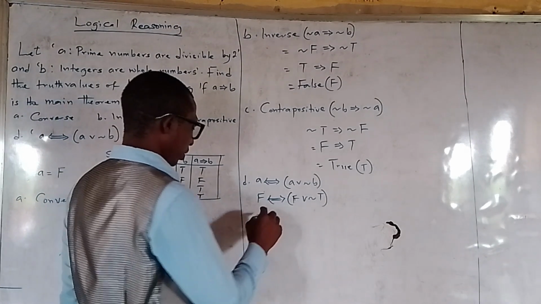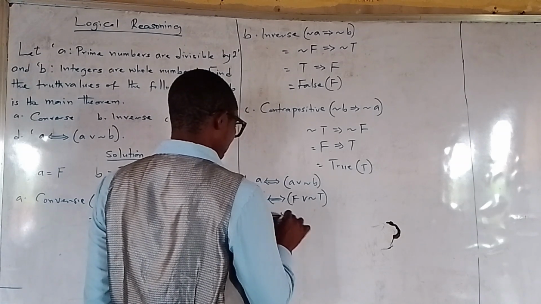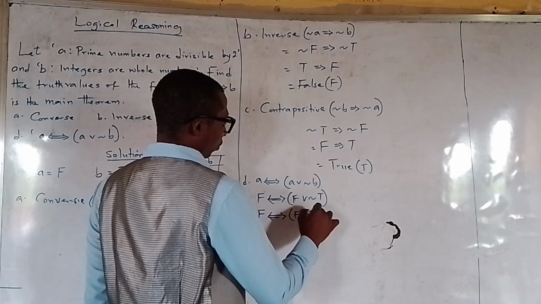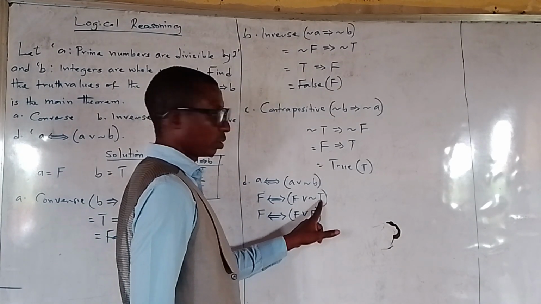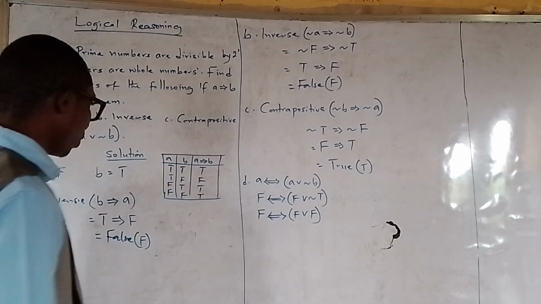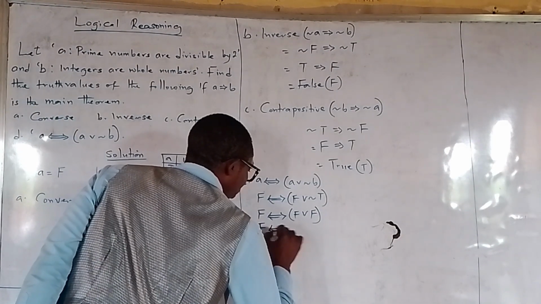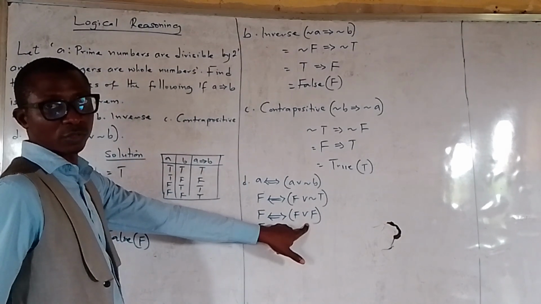This is going to give us false biconditional false or false, because negation of true is false. From here, we now have false biconditional, and false or false is false.